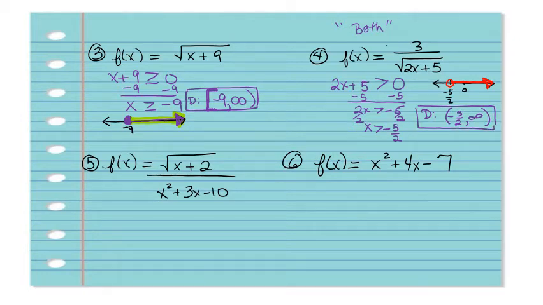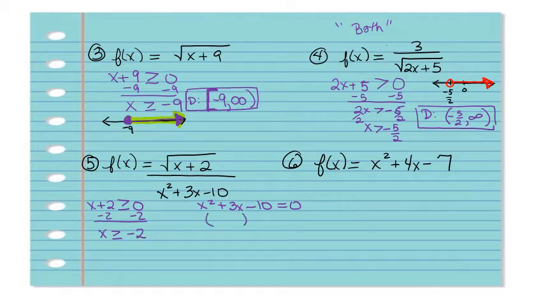Okay, now number 5 has both as well, but we've got the radical that we'll do, so x plus 2 has to be positive, greater than or equal to 0. And then the denominator, we have to do it separately because they're separated, equal to 0. So we will do both of these. Okay, so the inequality, we'll subtract 2 on both sides, and x has to be greater than or equal to negative 2.